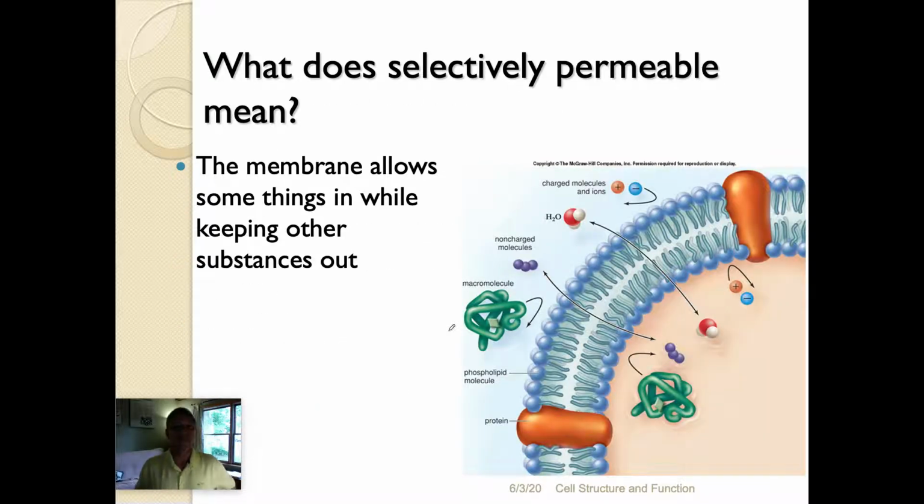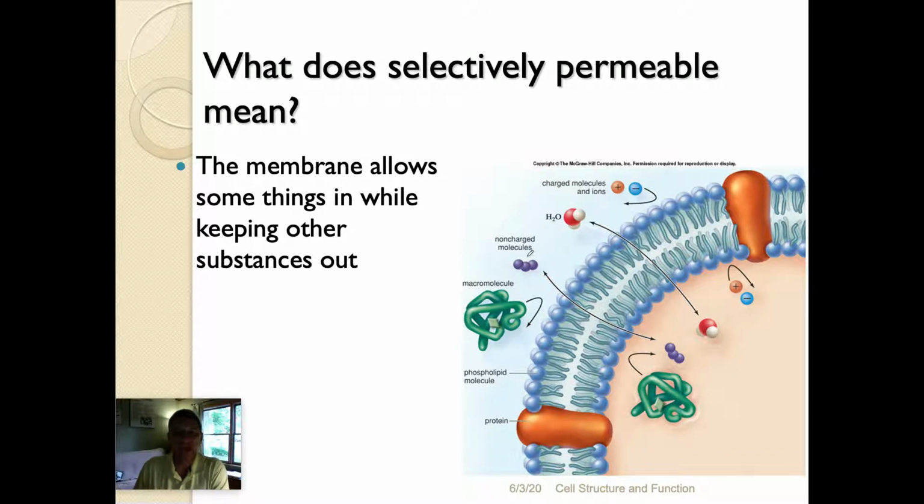So what exactly does selectively permeable mean? Well, we just kind of talked about that. It means that the membrane will allow certain things in while keeping other things out. And this diagram illustrates the four classes of molecules that are important here.